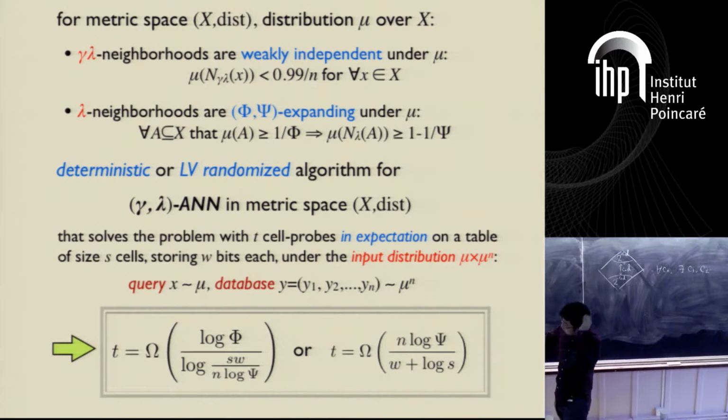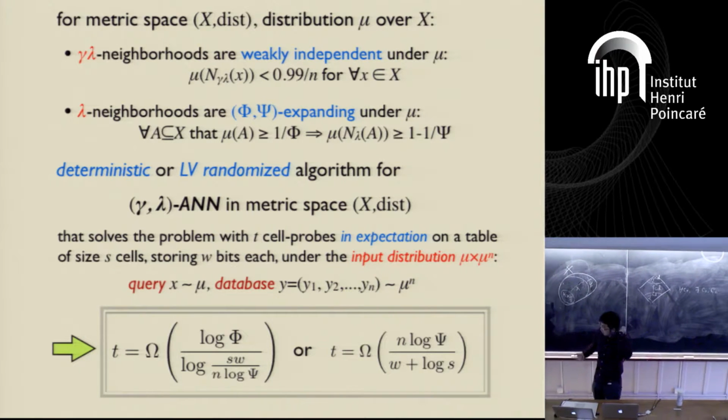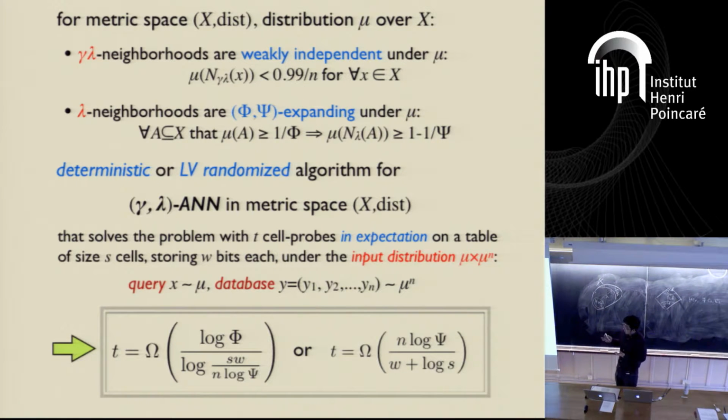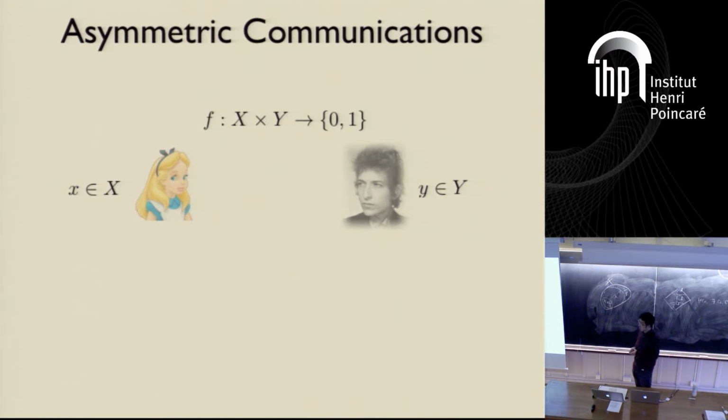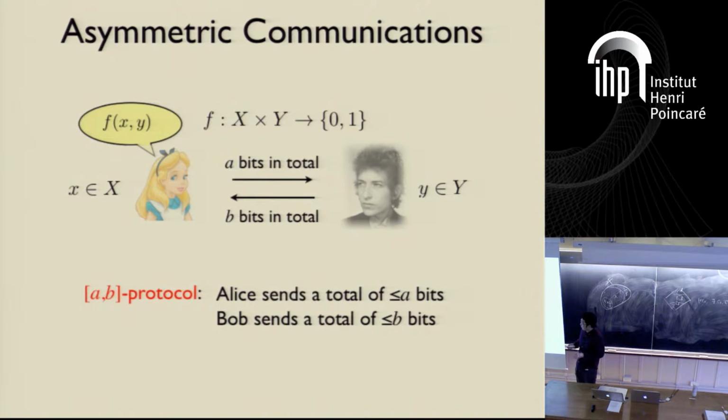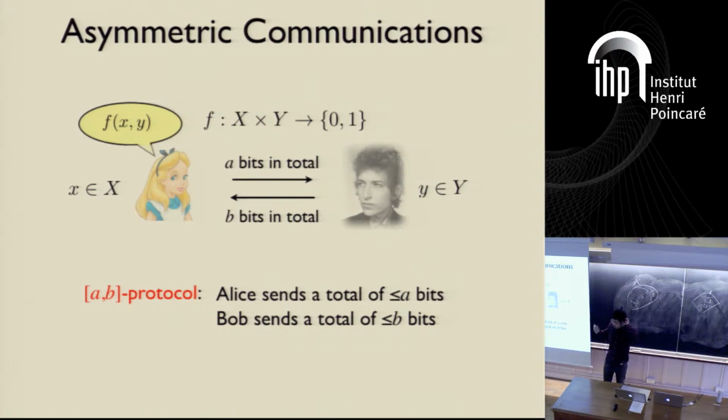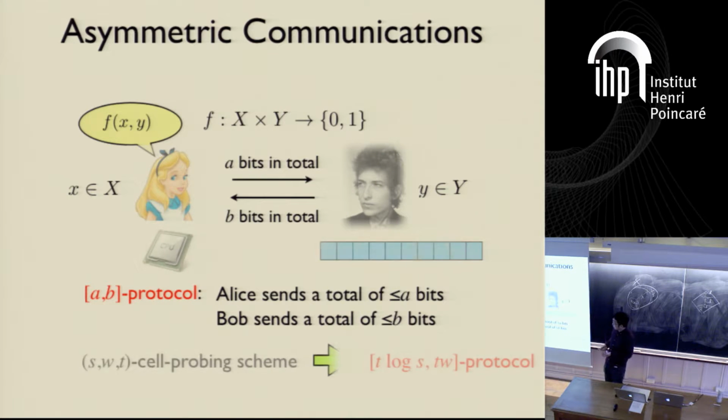So this theorem connects the average case cell-probe complexity to the expansion property of the metric space. And it is proved by the richness lemma, but a stronger version of the richness lemma. So remember that, in Casper's talk and last week's talk, the classic richness lemma is proved for asymmetric communication complexity.